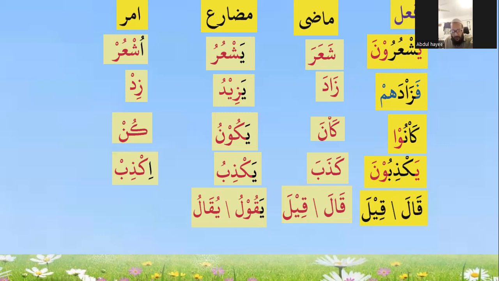Consider this word, yukalu. What are the signs? First, dhamma. On an kalma, fatha. So it is majhul. When it is majhul, there should not be any amar for it. So for yakulu, which is kala yakulu, kul amar is there. But for kila yukalu, there is no amar because it's majhul.